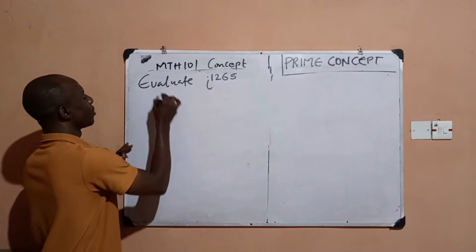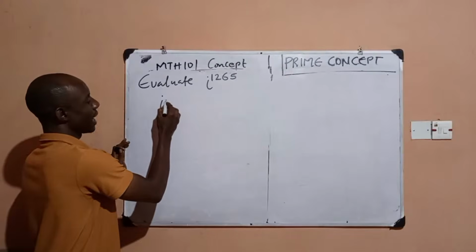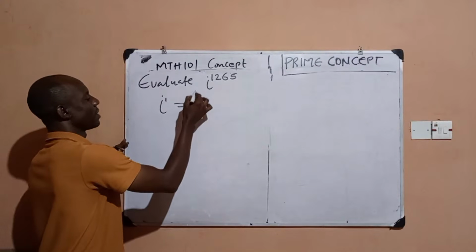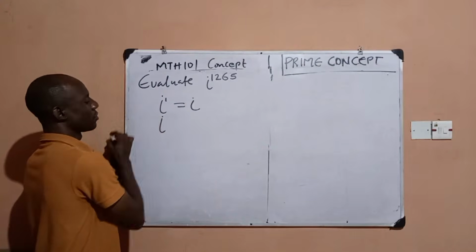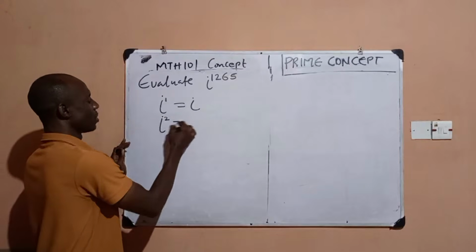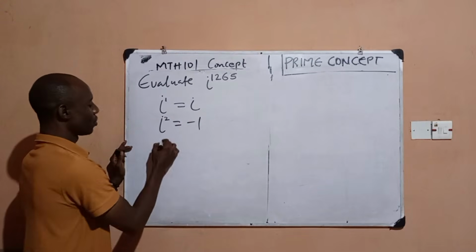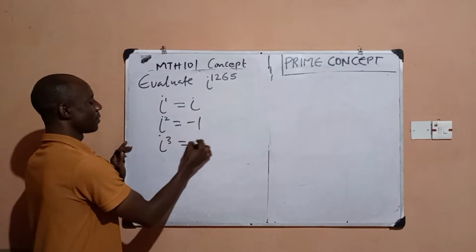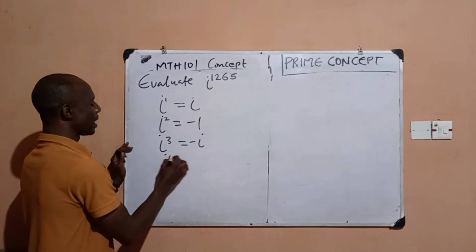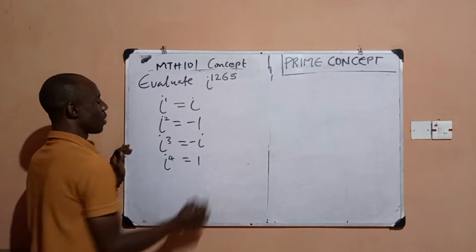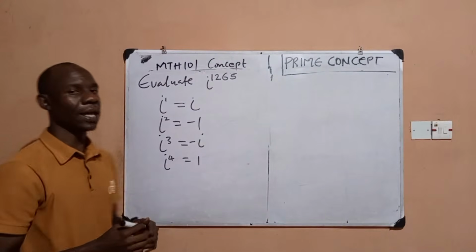Under exam condition, I want you never to forget that i raised to power 1 is the same thing as i. I want you never to forget that i raised to power 2 is equal to minus 1. I want you to also know that i raised to power 3 is minus i, and that i raised to power 4 is 1.